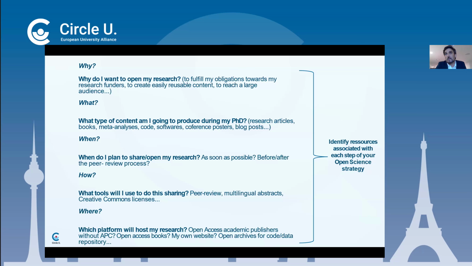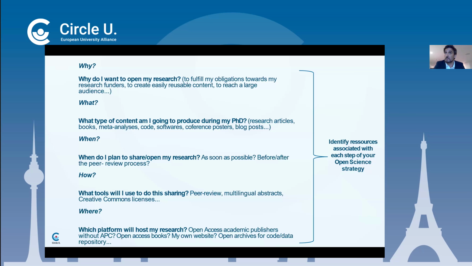Something we did not discuss today, but I think it's important both for research and education, is the question of the language used. I think more and more we're trying to promote the multilingual dissemination of documents.